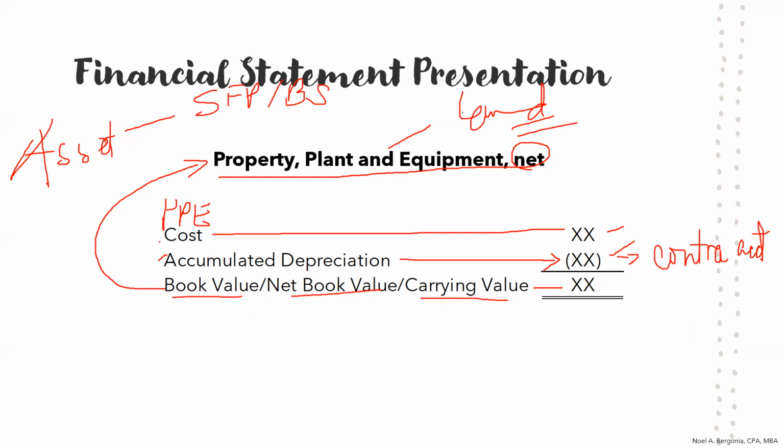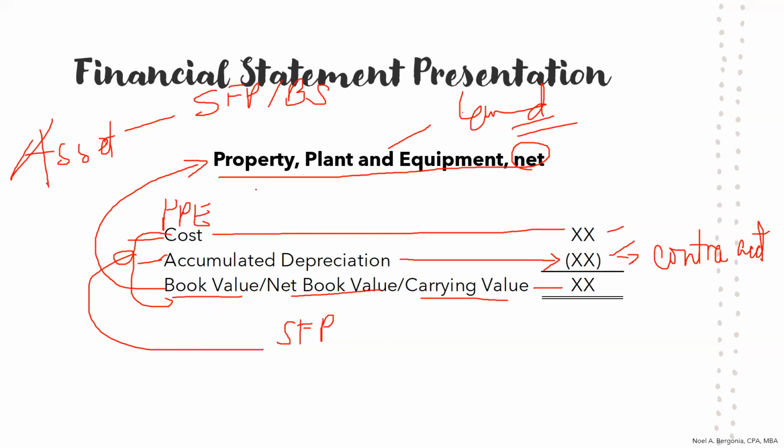So saan namin nakikita tong computation ng costs less accumulated depreciation? So this is typically can be found, kung ipapaprepare ko sa inyo in module number 5 yung statement of financial position, pwede nyo makita ito doon sa face ng statement of financial position mismo.